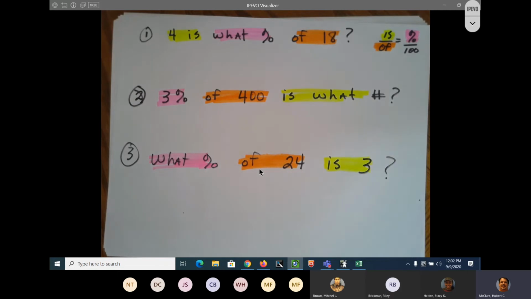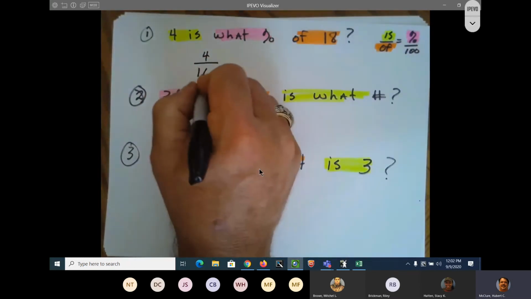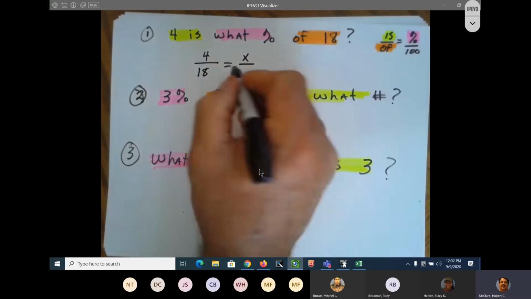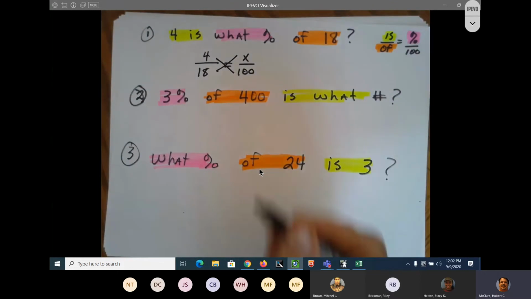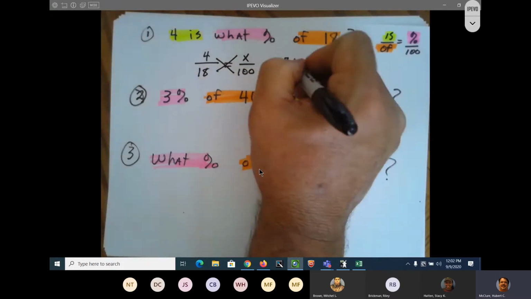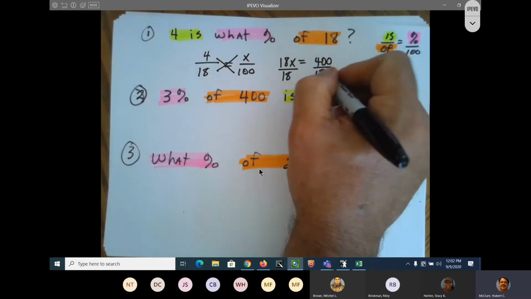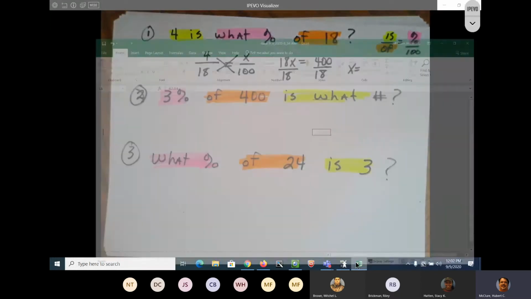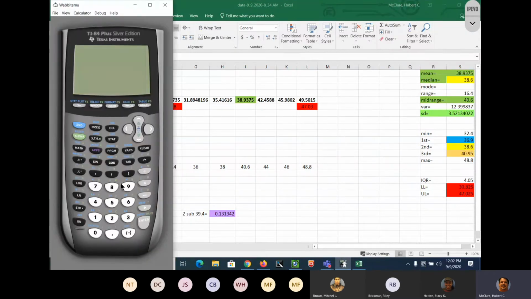So here we go. 4 over 18 is equal to X over 100. And 18X is equal to 400. Divide by 18, divide by 18. X is equal to, I have no idea. So 400 divided by 18.